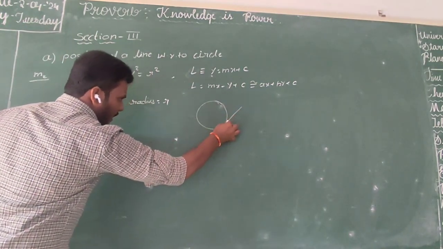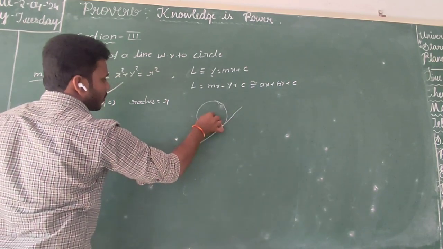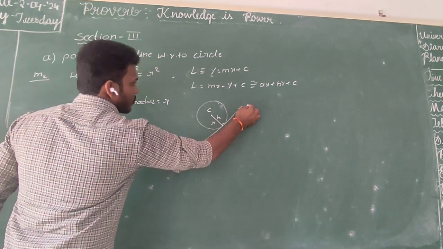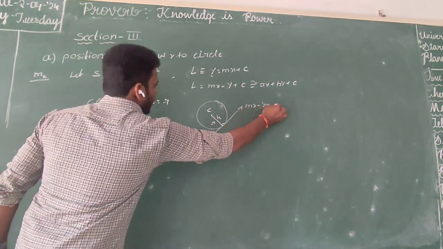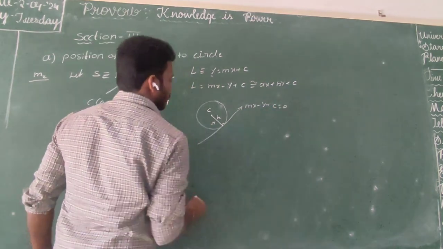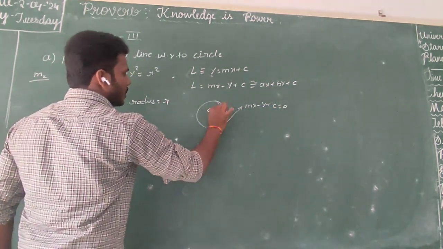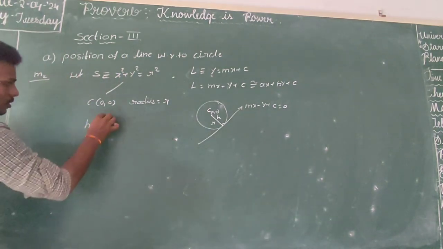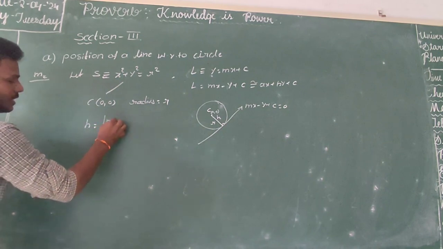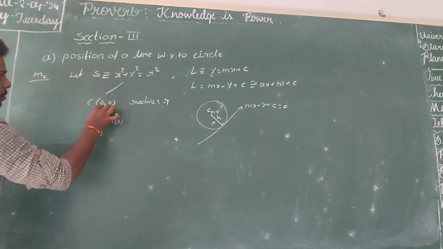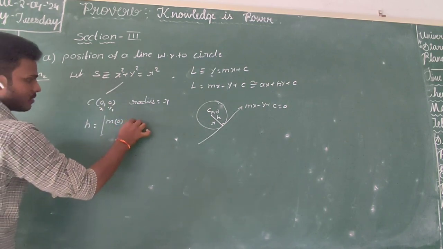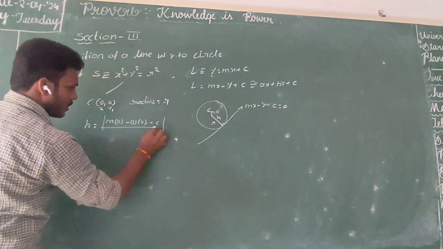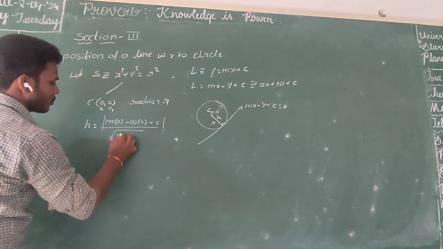If the line touches the circle, the perpendicular from the center is nothing but the radius. For the line mx minus y plus c equal to 0, the center is 0, 0, the origin. The perpendicular formula: h equals mod of (m into x1, that is m into 0, minus 1 into 0 plus c) by root over m square plus 1.